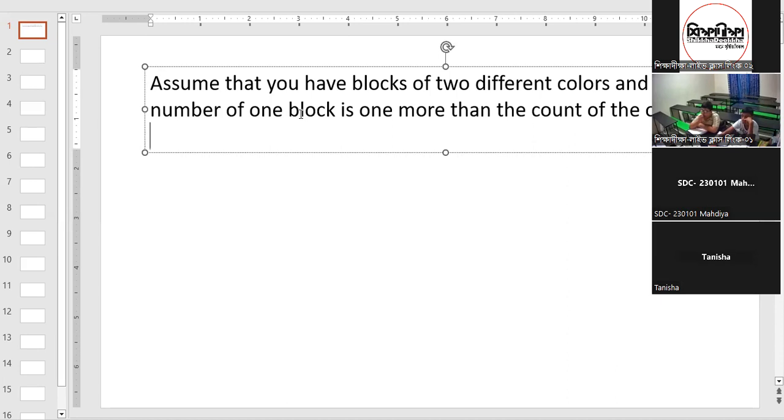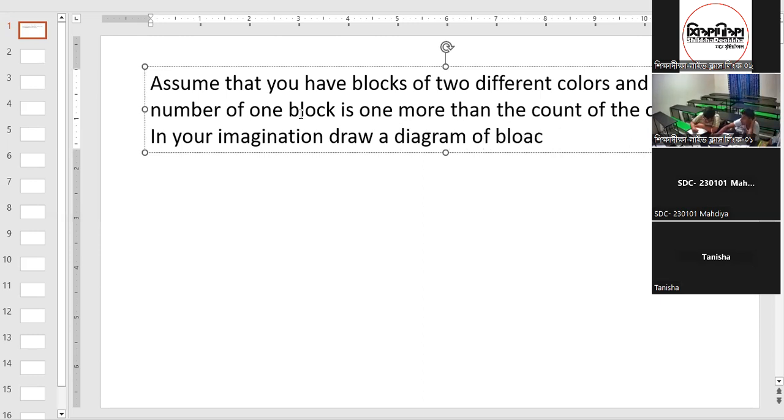Now, in your imagination, draw a diagram of blocks to find the sum of the first seven numbers.